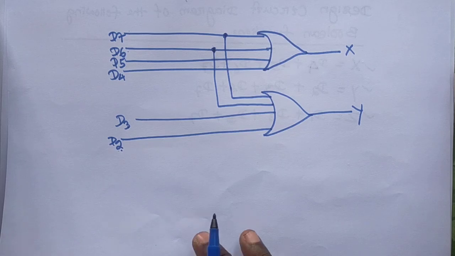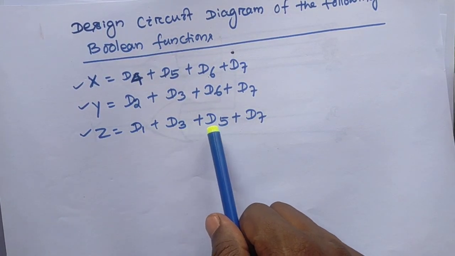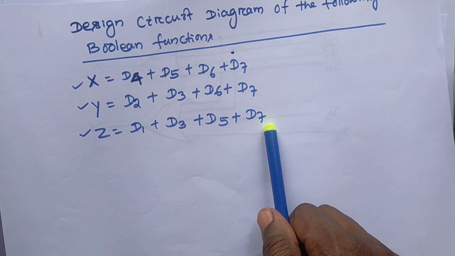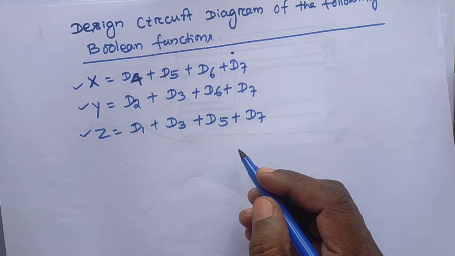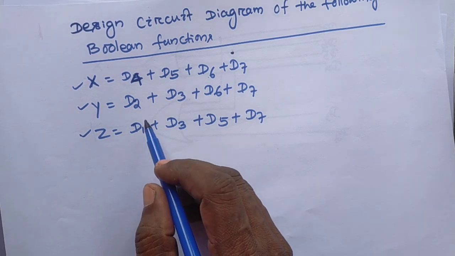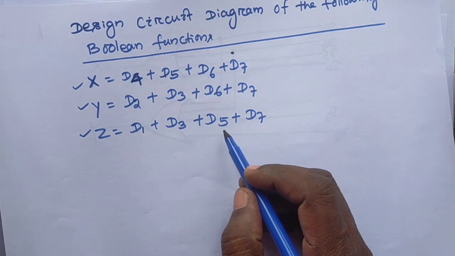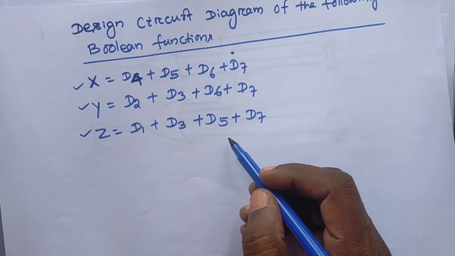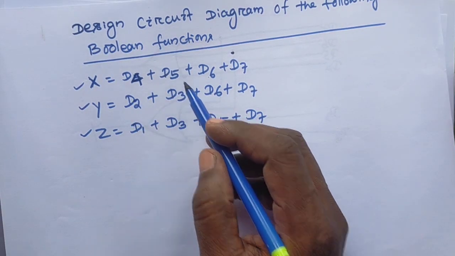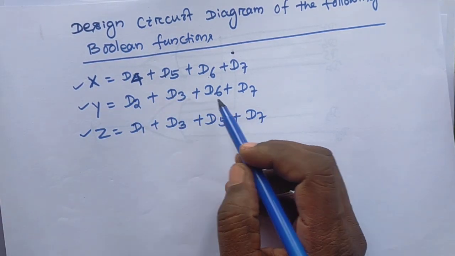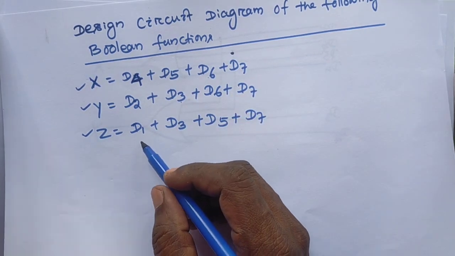Now again, the Z output depends on D1, D3, D5, D7. D5 was not made previously, but D2, D3 and D7 were made. D5 already exists, D3 and D7 also exist, so D1 we will create.